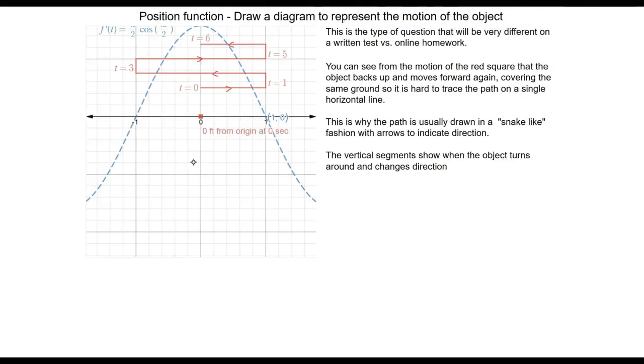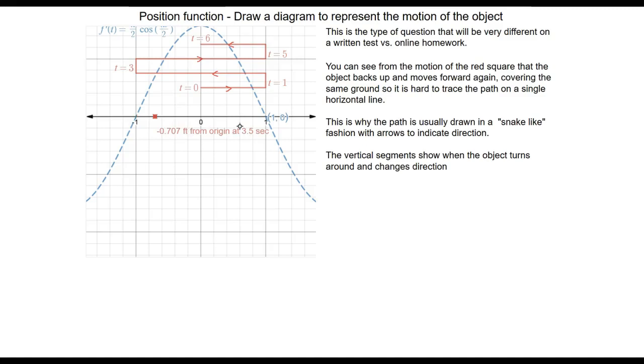So draw a diagram to represent the motion of the object. So as we can see, this guy bouncing around on this horizontal axis backs up and moves forward again along the same path. So it's covering the same ground. So it's hard to trace the path on a single horizontal line because when it's moving to the left, you're just going to be tracing over the line you drew when it was moving to the right, and you really can't figure out what's going on.